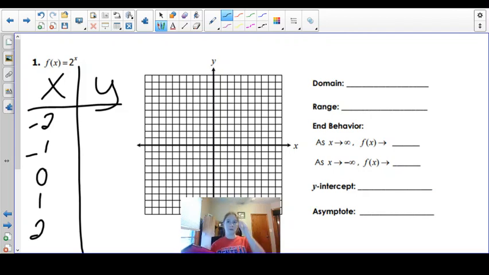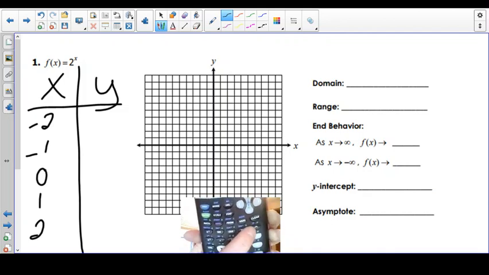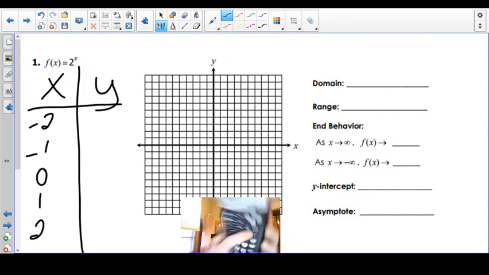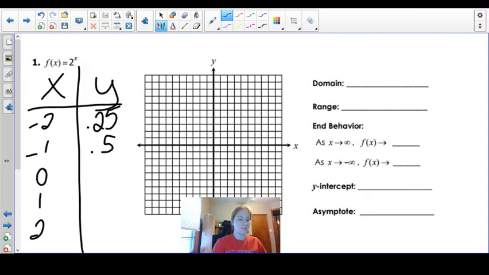If you have just a basic one, you still will have that caret button. And we should come up with 0.25. When we do to the -1st, I should get 0.5. We know anything to the 0 is 1, 2 to the 1st is 2, and 2 squared is 4.